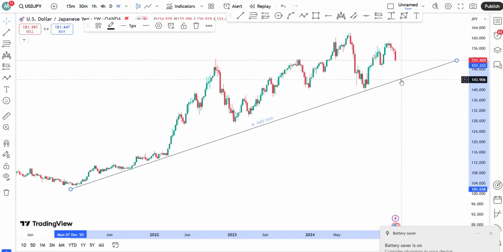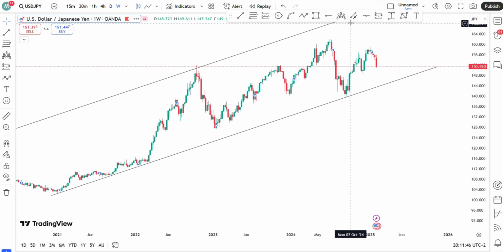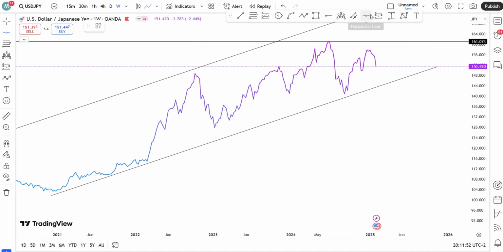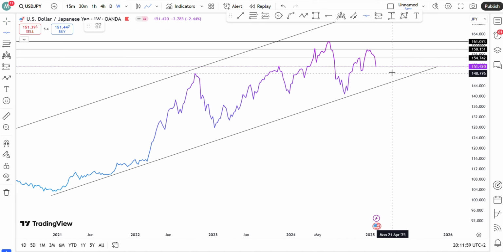Maybe you can clone this, then you can start catering for your reversal points. Maybe you can cater for the highest point, then this point, then this point. There's a strong area over here, guys.